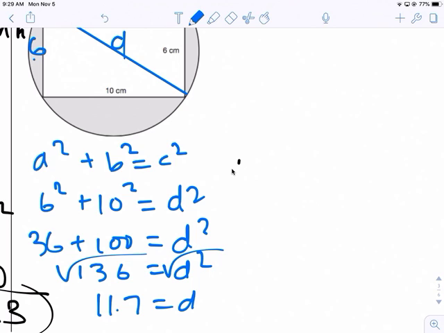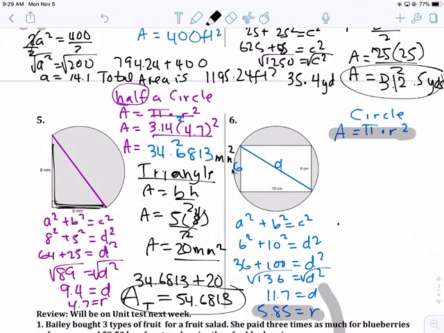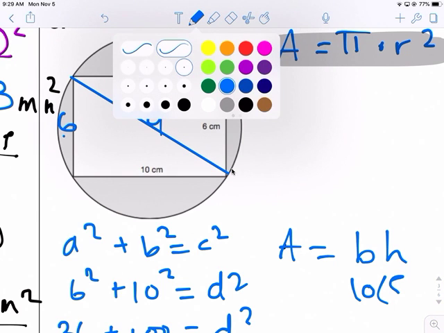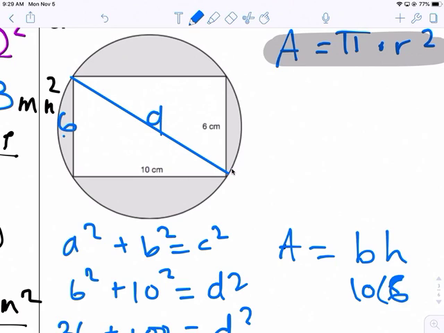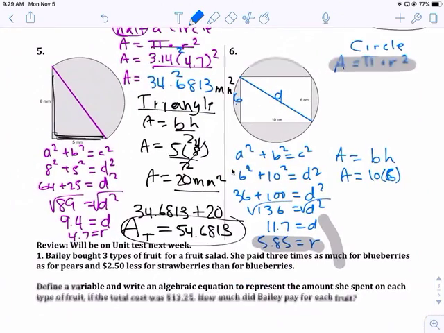Make sure you clear it and do not divide the answer by 2, it'll be different. 5.85 is your radius, so you need to use this as your radius to find the area of this circle. And then you subtract, because there's a white spot in the middle, subtract the area of a rectangle, which is base times height, 10 times 6, right? After you finish, you subtract the two answers from each other. Do not divide by 2 because it's not a triangle.